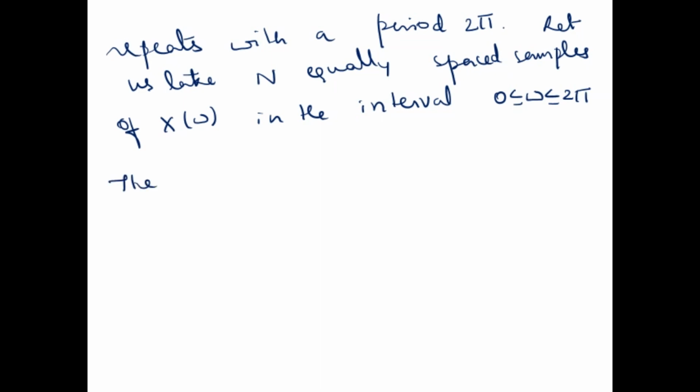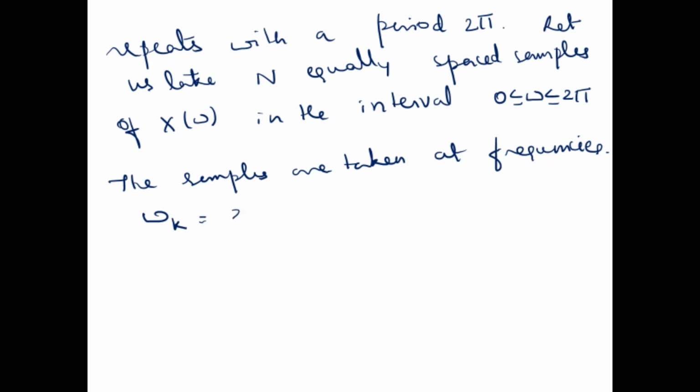Then the samples are taken at frequencies omega k is equal to 2 pi by N into k, where k varies between 0 to N minus 1.